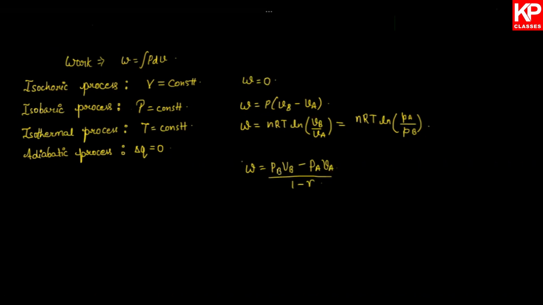So these were the expressions that we generated for various work functions for different processes. Make this table, and along with this we also discussed heat capacity and specific heat capacity, and generated some relations where I told you how enthalpy depends upon the specific heat capacity at constant pressure.